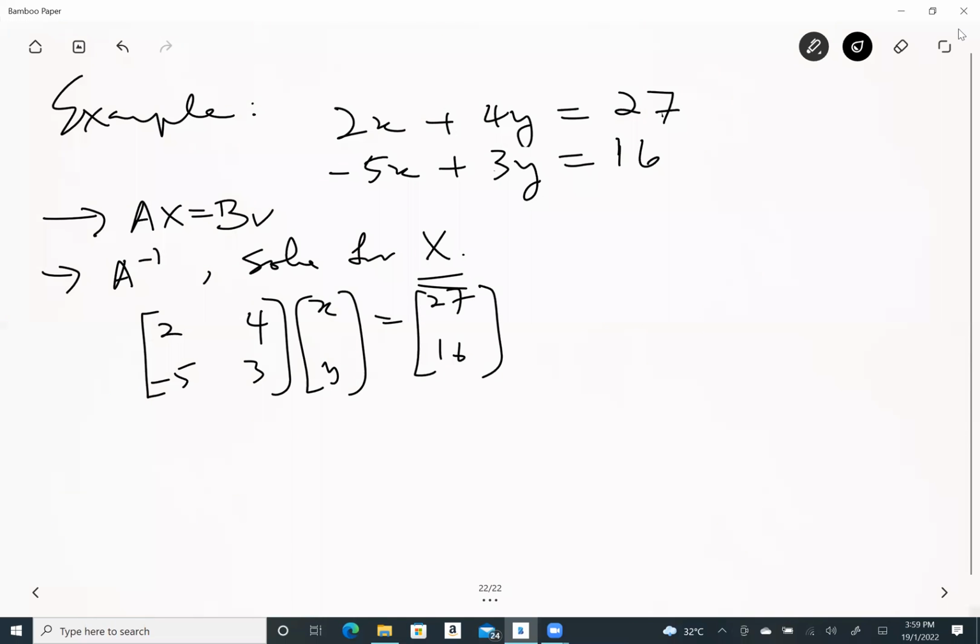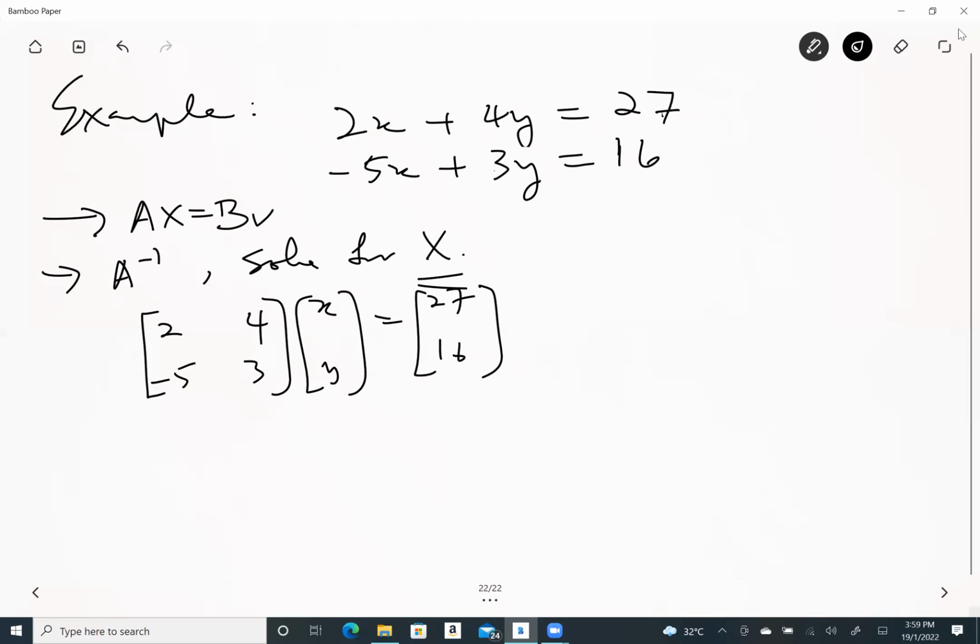So you make sure you multiply out, you get that equation. So 2 times X plus 4Y equal 27. So that's right. You just write the coefficients in that order. No need to think too long. The order that is given in the equation, that's how you write the coefficient matrix A. So you got AX equal to B.